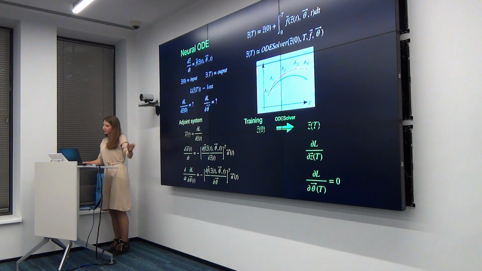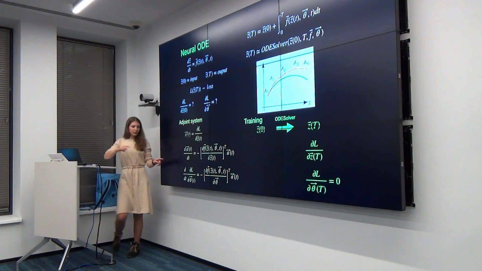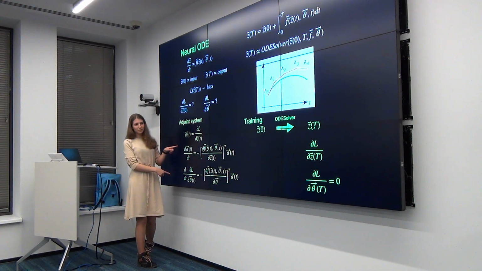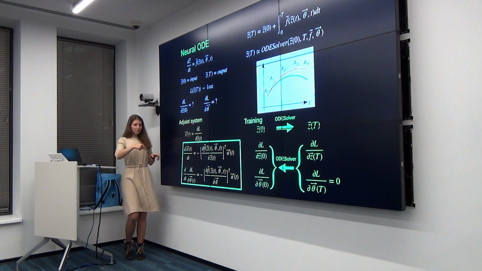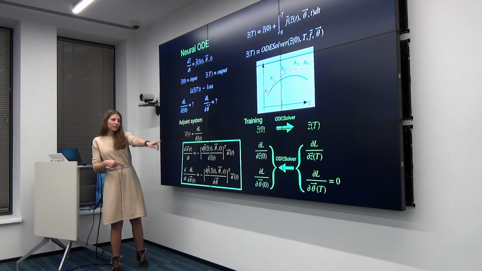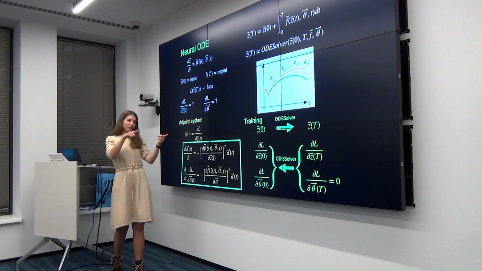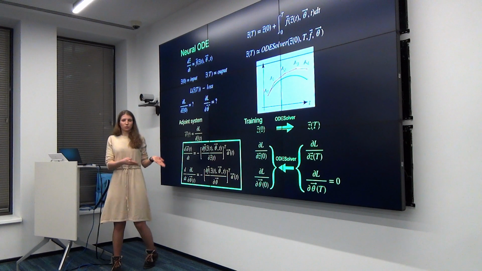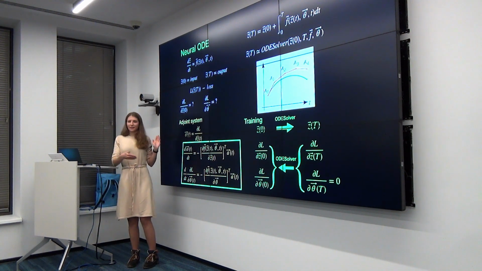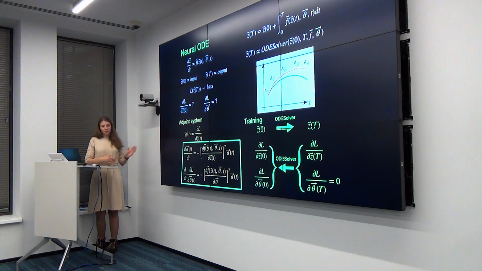So this is the initial state for this ODE system, and we solve it backward in time to get gradients of the loss with respect to parameters at time 0 and with respect to the input. Okay, this was a recap from the previous seminar.